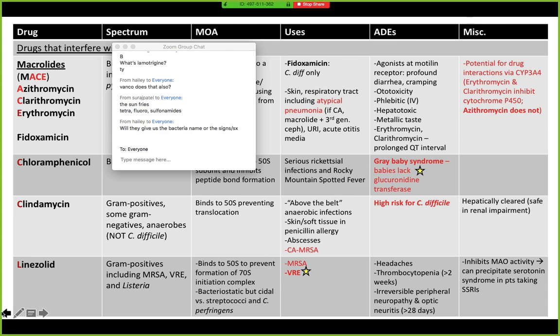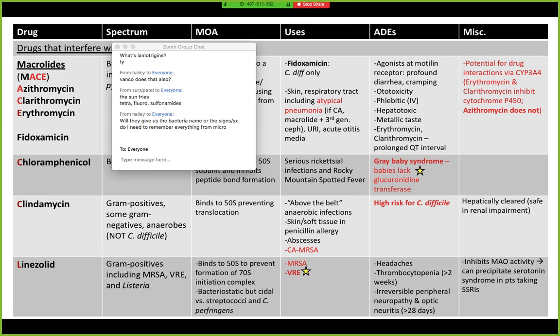Will they give us the bacteria name? I would say no. No, you don't need to remember everything from micro. They will either give you the bacteria name or they'll give you a common presentation of the bacteria, like syphilis and Treponema pallidum.